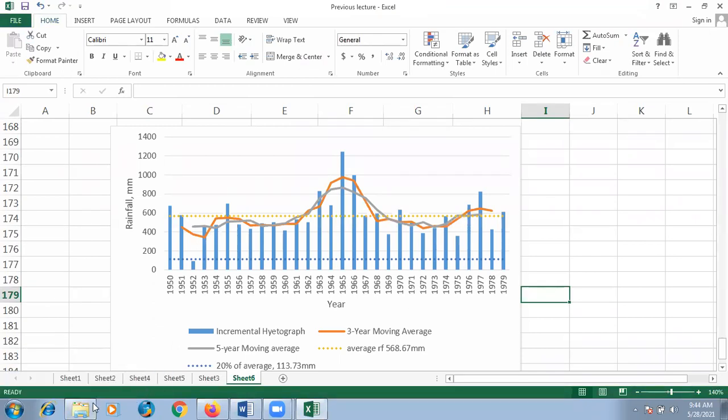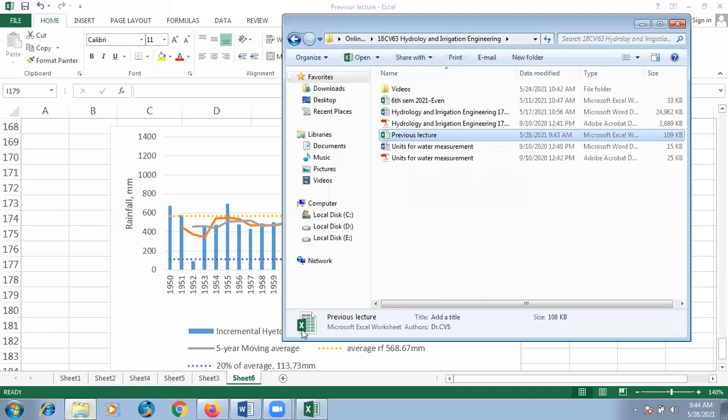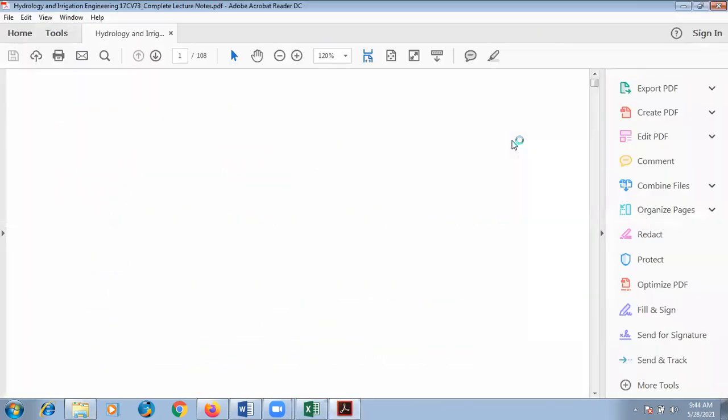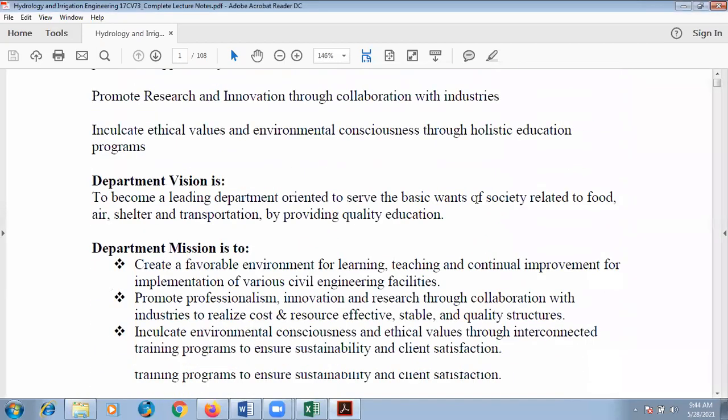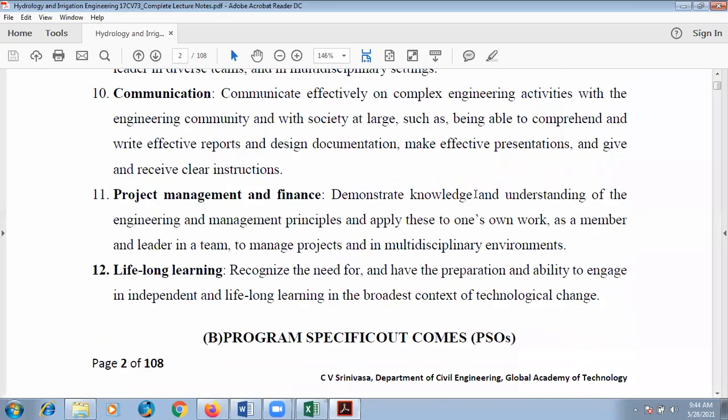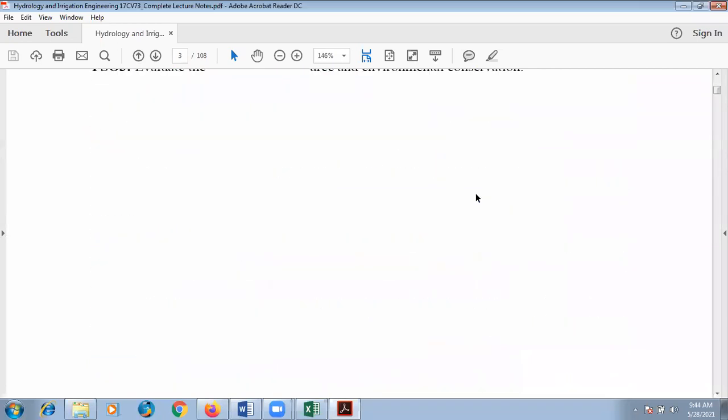Hydrology and irrigation engineering. What have we discussed here in module 1?